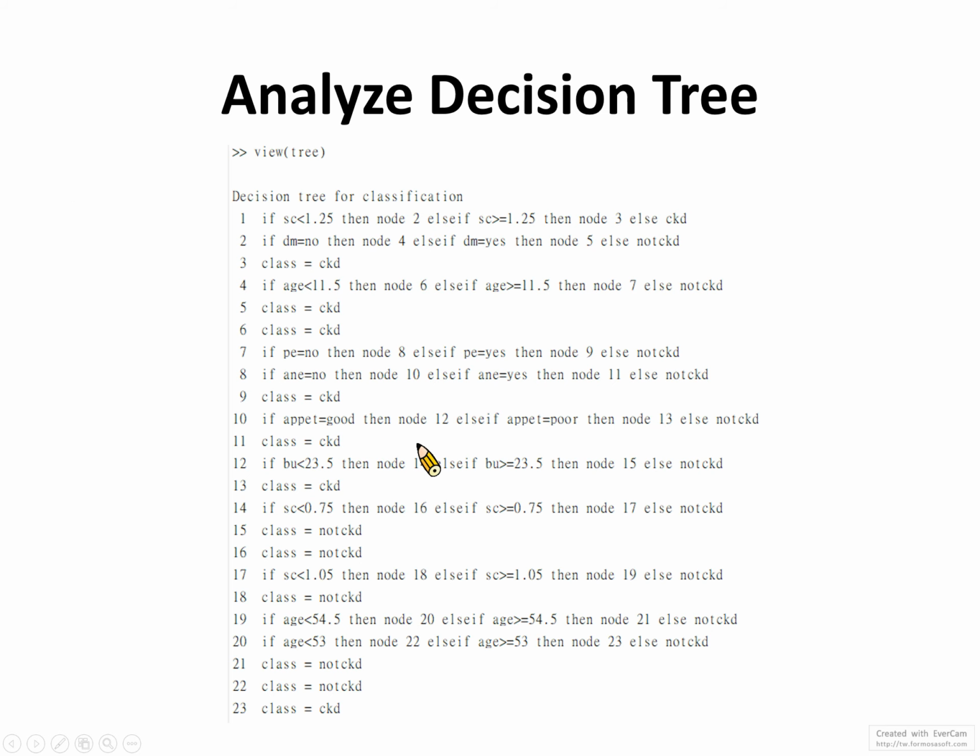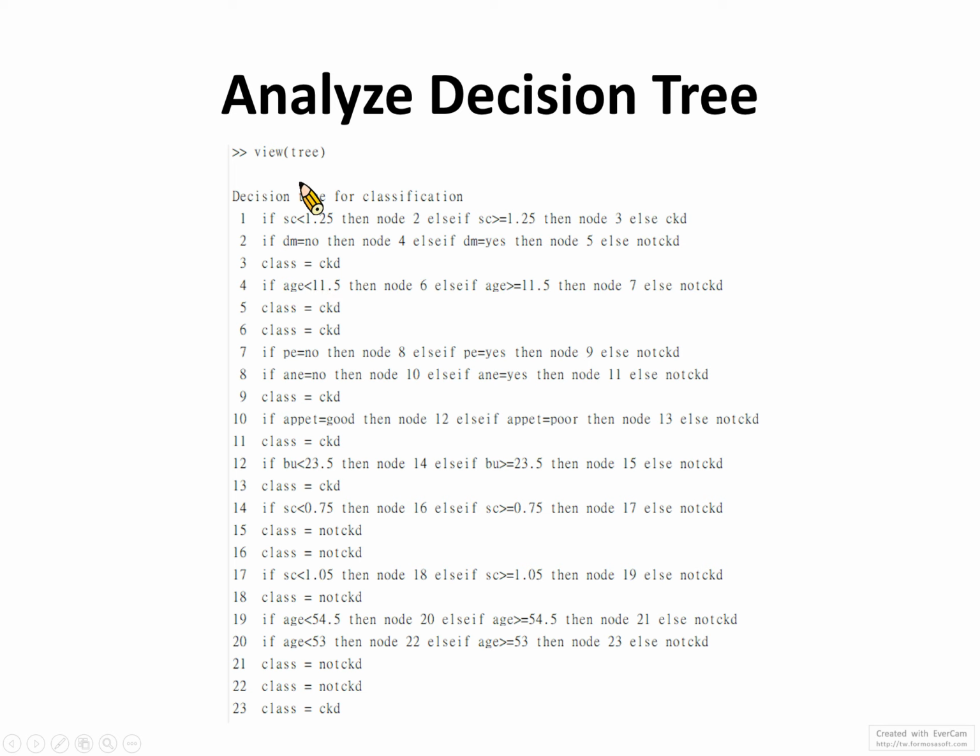Then you can simply type view tree here, because it's a simple classification tree. Naturally, if you just do a simple classification tree, it will result in many nodes, because the model will try every possible branch to differentiate the CKD from those without CKD.